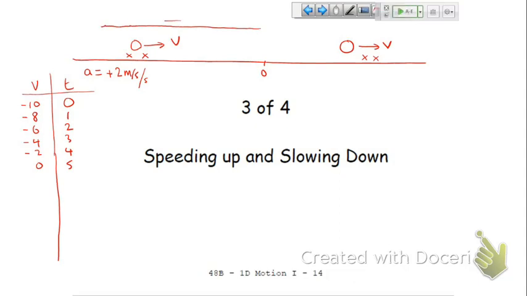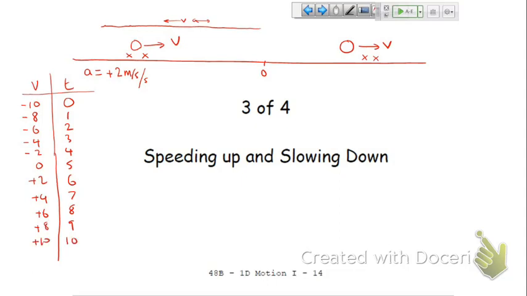So my velocity is negative, but my acceleration is positive. And I'm slowing down. And then I stopped. So what happens at 6 seconds? Well, plus 2, because every time we add on plus 2. 7 seconds, plus 4. 8 seconds, plus 6. 9 seconds, plus 8. 10 seconds, plus 10.